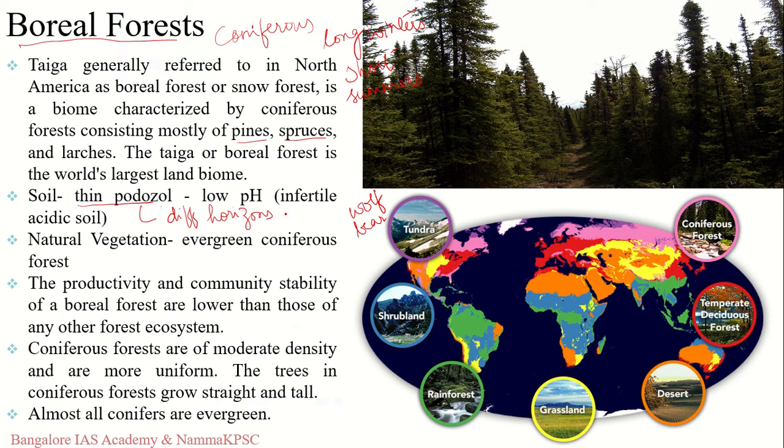Because in this particular forest, the weathering of rocks proceeds slowly in cold environments and the litter derived from the conifer needles is also decomposed very slowly, this particular soil is not very fertile. So as I had mentioned earlier, it is infertile acidic soil.